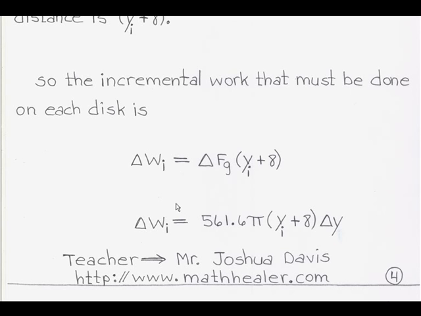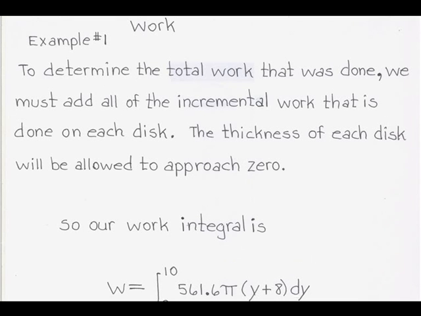Now remember that work is defined to be the force times the distance through which the force is applied. To determine the total work that was done, we must add all of the incremental work that is done on each disk. The thickness of each disk will be allowed to approach 0.